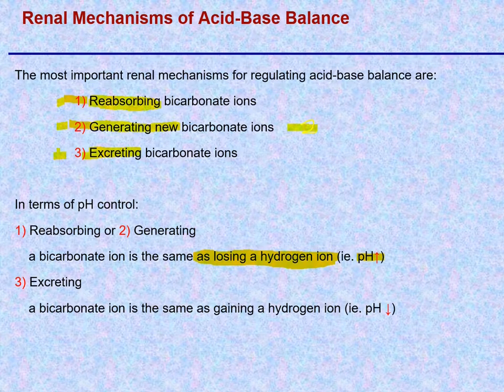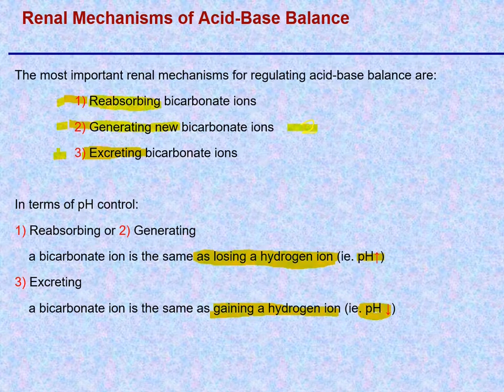Similarly, although opposite, excreting a bicarb, the third mechanism, is the same as gaining a hydrogen ion, and therefore that would cause the pH to drop and move back down into the normal range. So if a person has excess hydrogen ions, they can reabsorb bicarb or generate new bicarb.